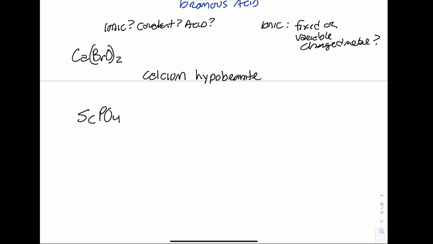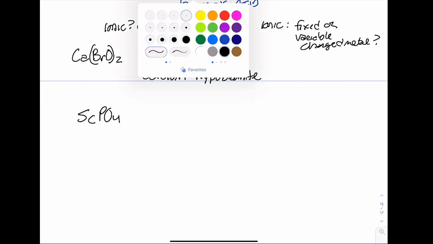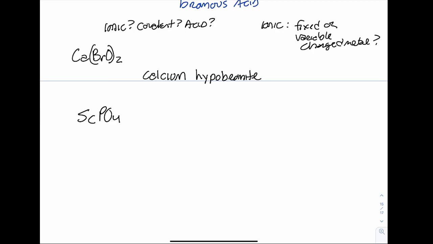We know it's not aluminum, zinc, cadmium, or silver, but the question is, is it in group 1A or 2A? And it's not in either one of those groups, so we do need a Roman numeral for this one. And then remember, we're going to figure out what its charge is based on the charge of the anion. So PO4 is phosphate. It's one of those polyatomic ions, and it has a -3 charge.